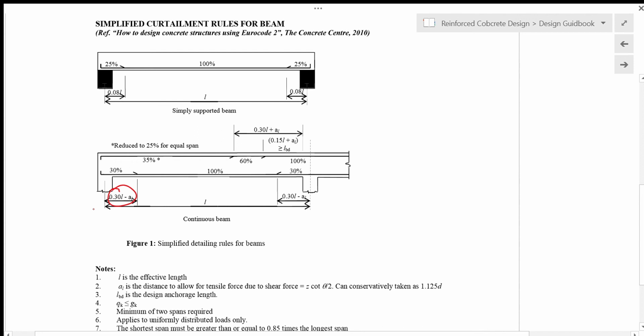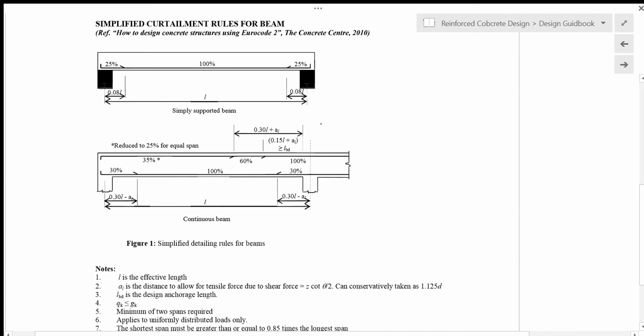So AL is taken as 1.125 effective depth D. And then near the inner support here also, 30% of what you have here should be extended into the inner support as well for the bottom bars.